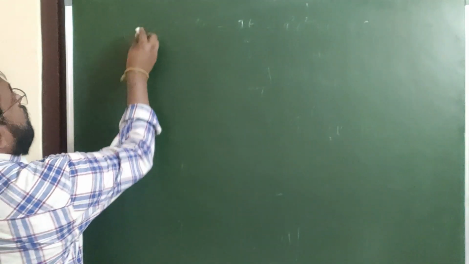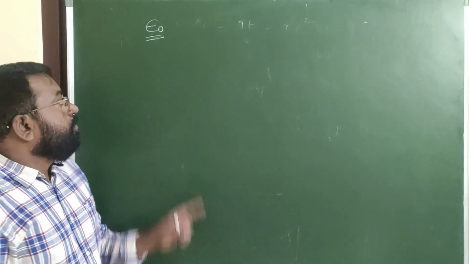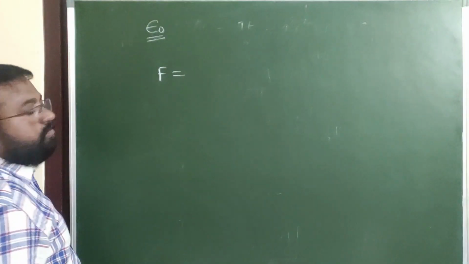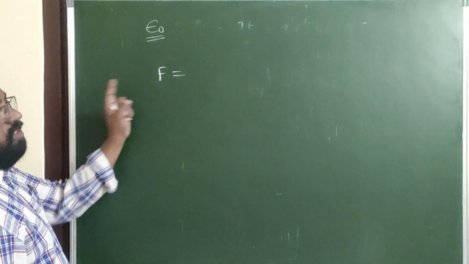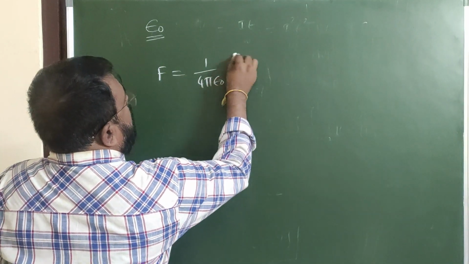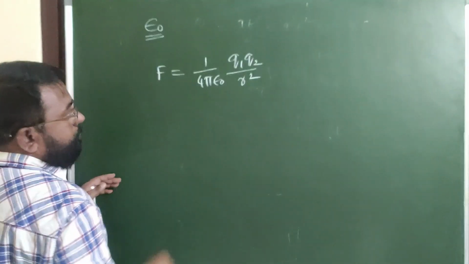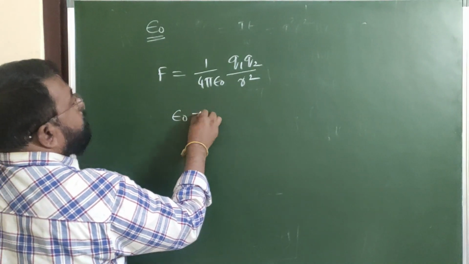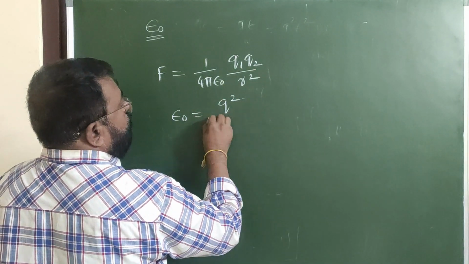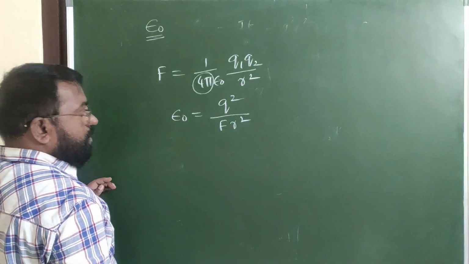Another one, epsilon naught, permittivity of the medium. For this one, the force between two charges, Coulomb's inverse square law, is 1 by 4 pi epsilon naught Q1 Q2 by R square. From this, epsilon naught is equal to Q1 Q2, both are charges, Q square, this is a constant, by F R square.